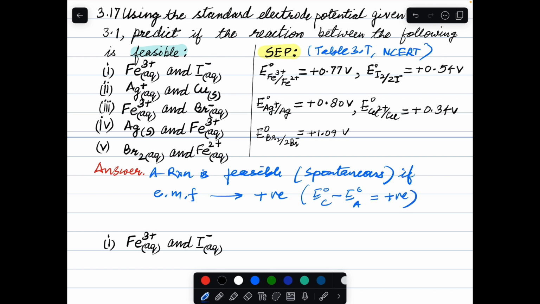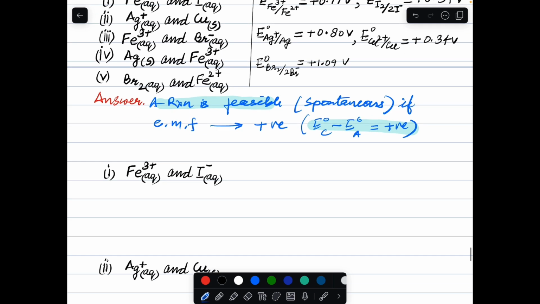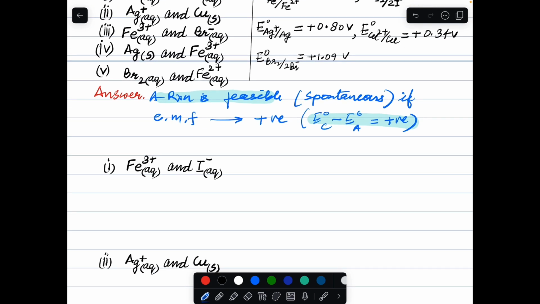If this is giving you a positive value, that means the reaction is feasible. So this is the criterion for the feasibility of the reaction. We will try to check this criterion in each and every combination which has been given to us.